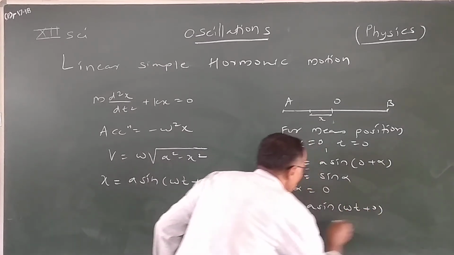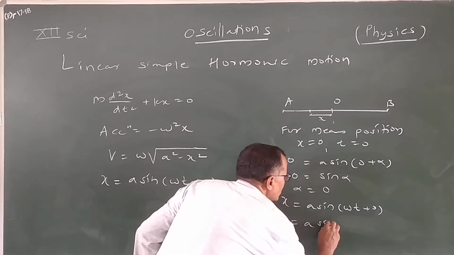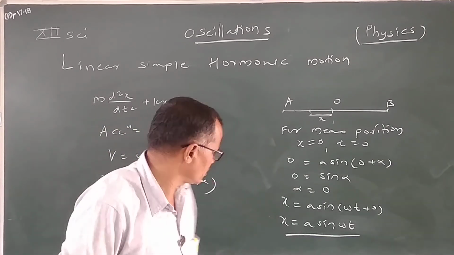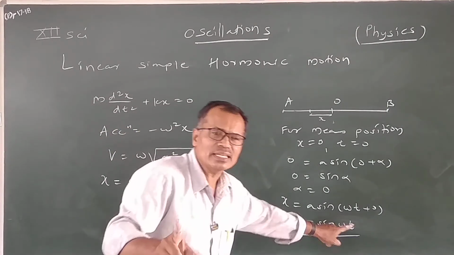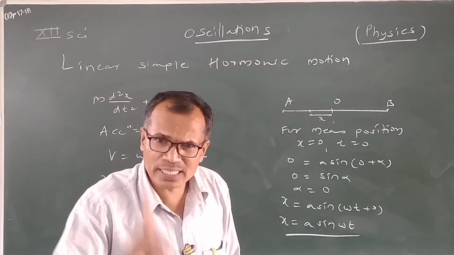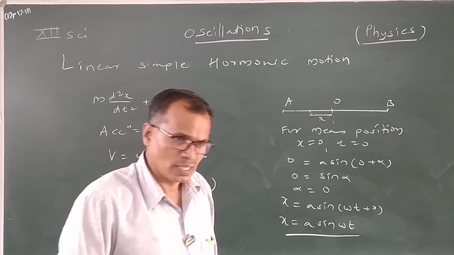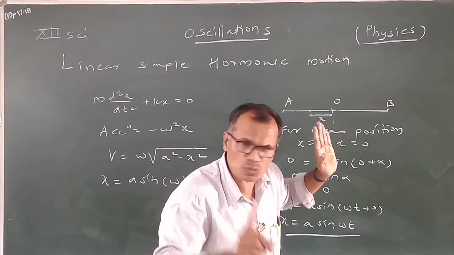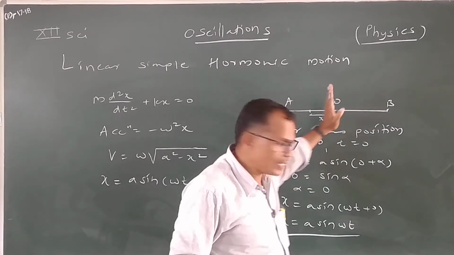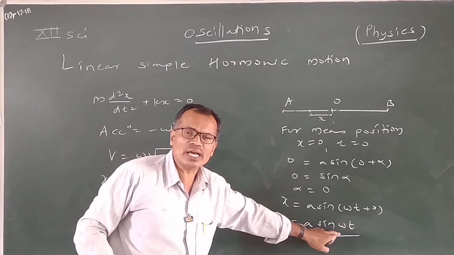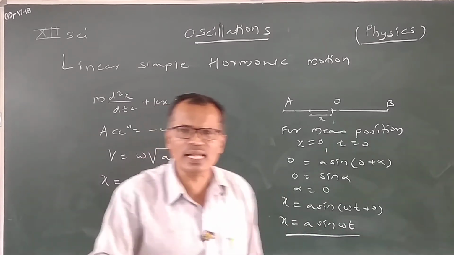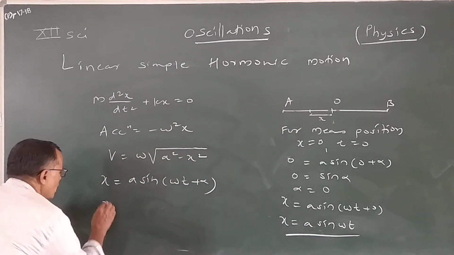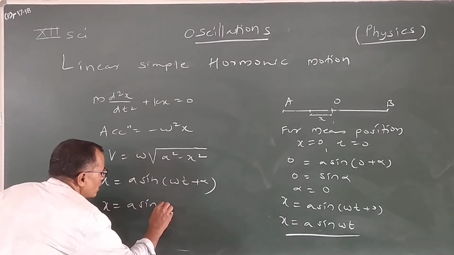If the equation of the displacement is x equal to a sin omega t, you can say that the particle has started motion from the mean position. The particle starts from O and moves towards B or towards A, but it has to start motion from the point O.